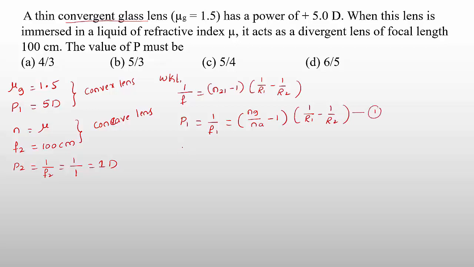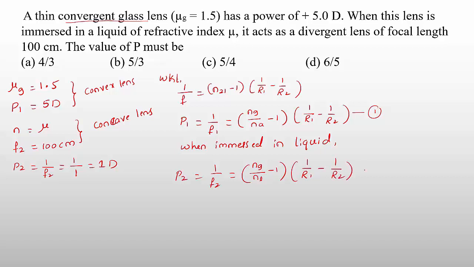Then when this lens is immersed in liquid, the equation can be written as P2 equal to 1 by f2 is equal to, this is refractive index of glass with respect to liquid, so we can write it as Ng divided by NL minus 1 into 1 by R1 minus 1 by R2. Let us take it as equation 2.